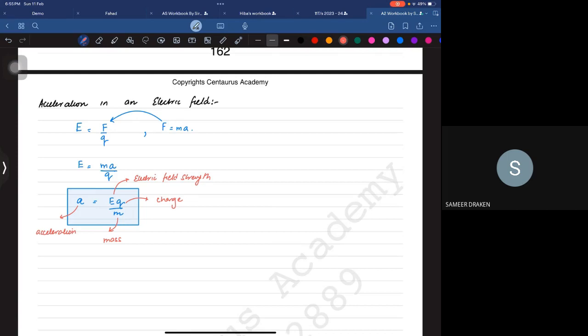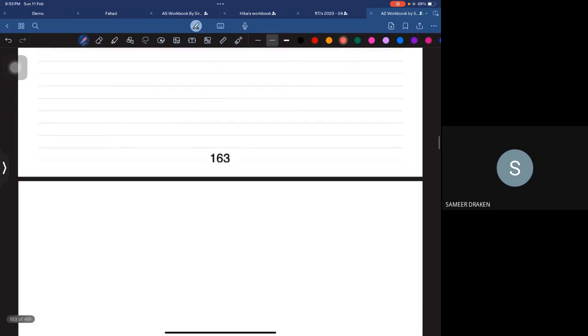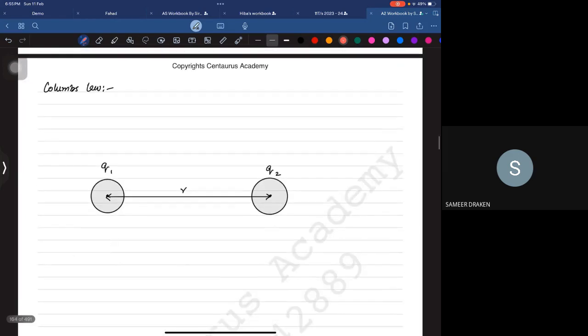All right, kids. So now let's go to the next. The next thing we're going to look at is Coulomb's law, and this is where A2 starts from. About Coulomb's law, this definition will be worth 2 marks.